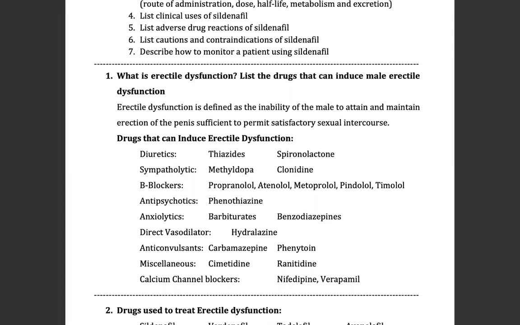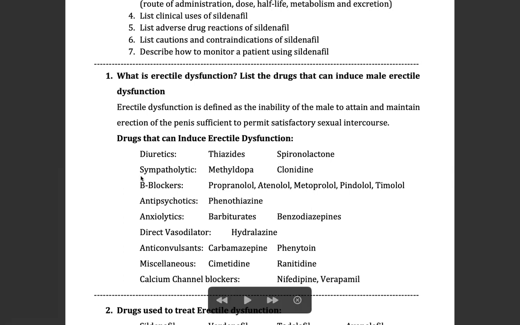Diuretics are the mainstay of drugs in the management of hypertension, in patients more than 75 or 80 years old, and in the management of lower limb edemas. They include the thiazide diuretics and spironolactone, which is a potassium sparing diuretic, or we can say aldosterone antagonist.